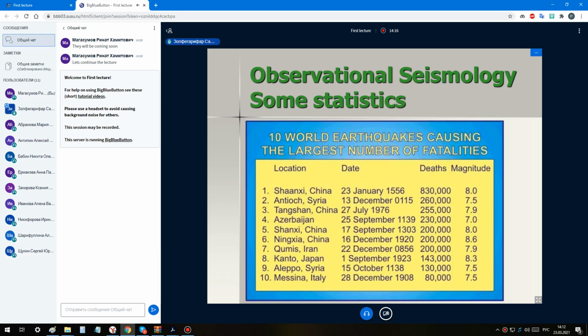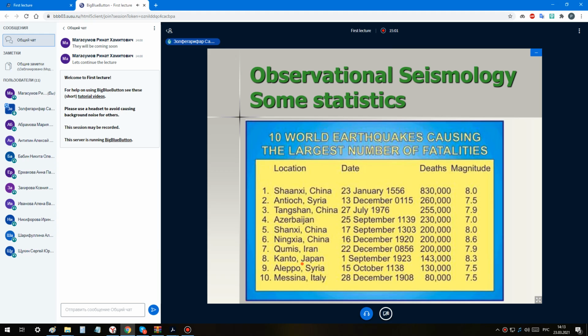The next slide shows the 10 world earthquakes causing the largest number of fatalities. They occurred in China, Syria, China, Azerbaijan, Shaanxi China, Ningxia China, Iran, Kanto Japan, Aleppo Syria, and Messina Italy.